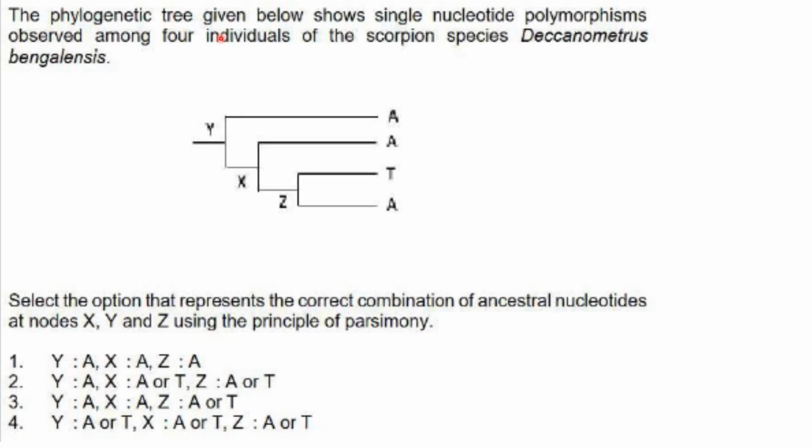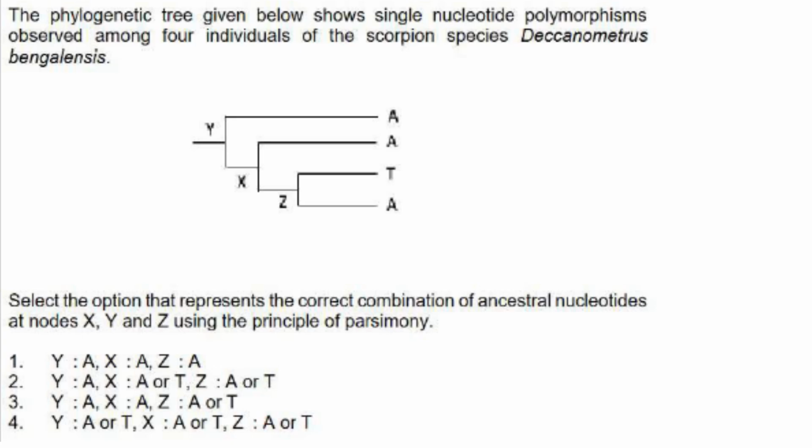Now, the phylogenetic tree given below shows single nucleotide polymorphism observed among 4 individuals of the scorpion species. So, these are the various polymorphisms. Select the option that represents the correct combination of ancestral nucleotides at nodes X, Y and Z using the principle of parsimony.